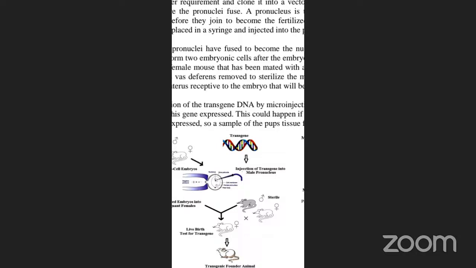Here, the transgene was injected into the male pronucleus. So you got the embryo with the male pronucleus with the transgene and the female pronucleus. They got fertilized and you got an embryo which is having the transgene.